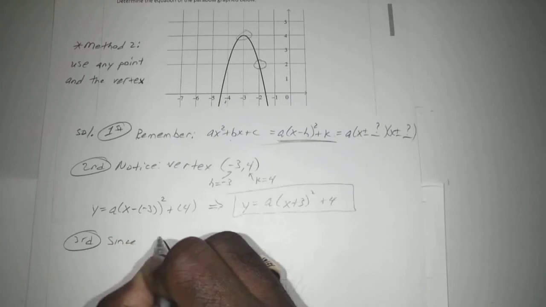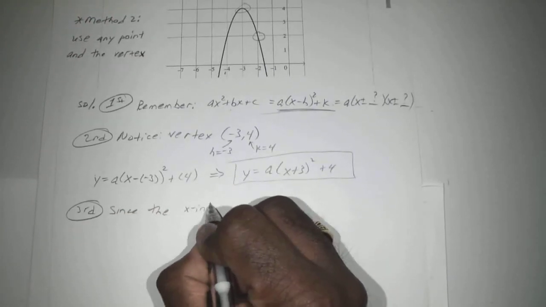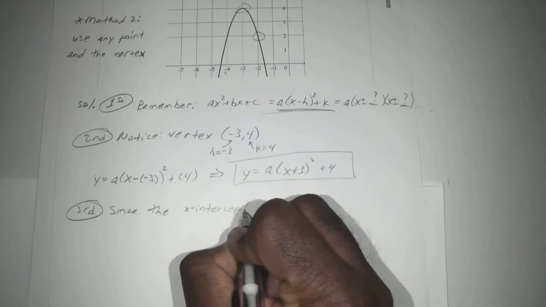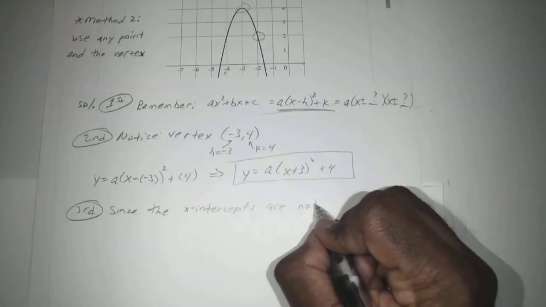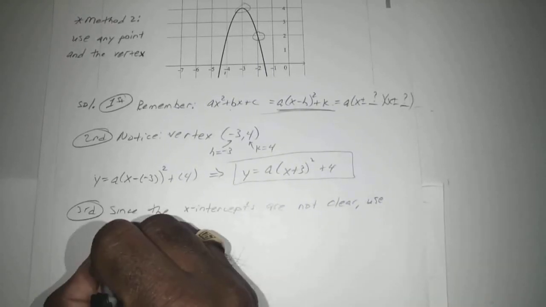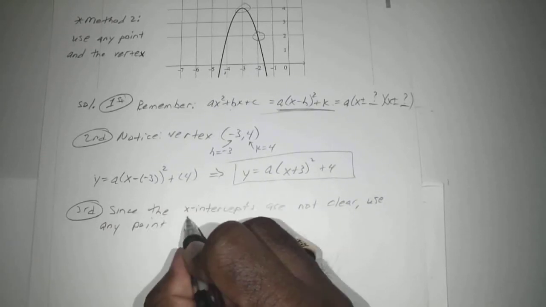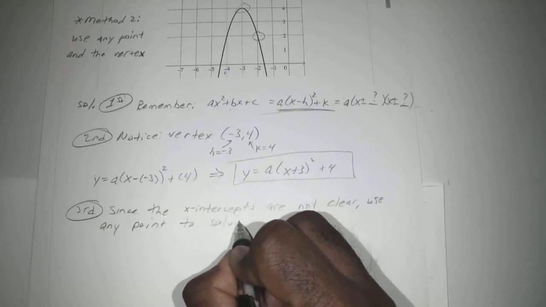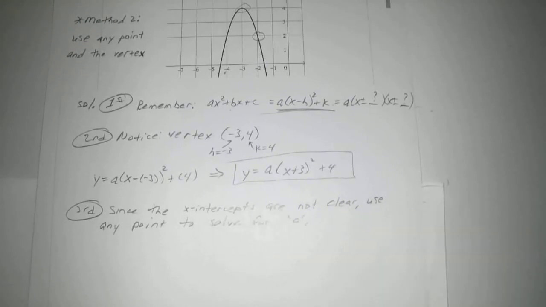Since the x-intercepts are not clear, use any point to solve for a. Like I said, the x-intercepts just kind of make it easy because you're dealing with zeros and stuff cancels out.